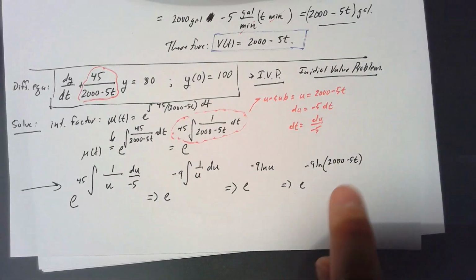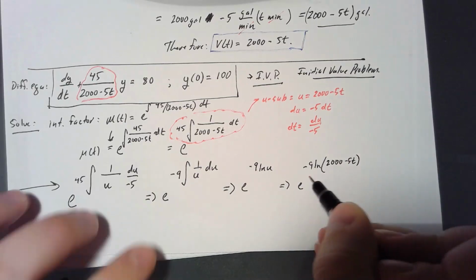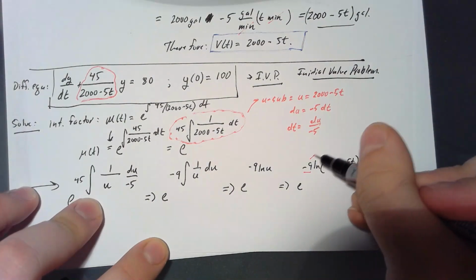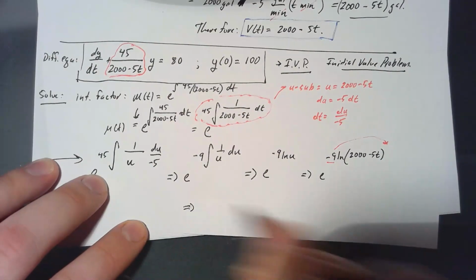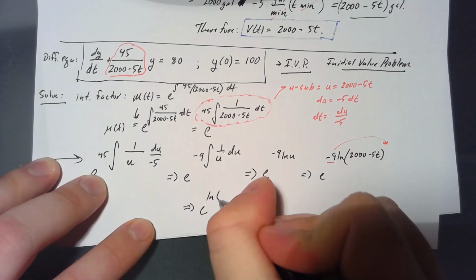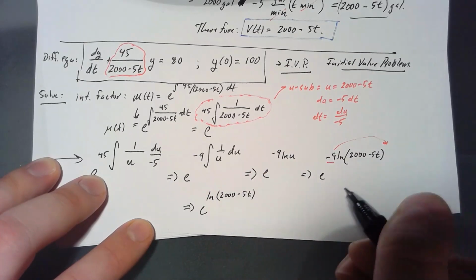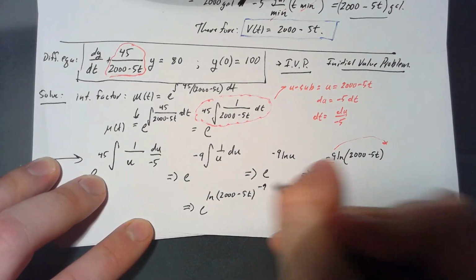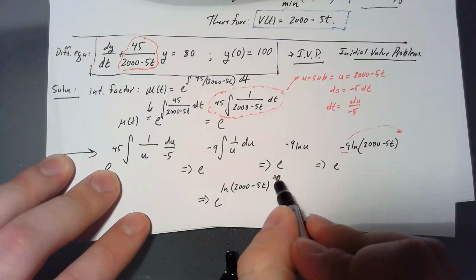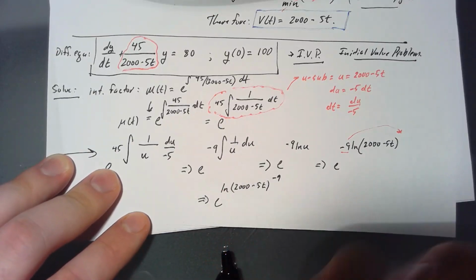I could simplify this further, can't I? Yes, I could use properties of logarithms. So I could bring this -9 up here and rewrite this as e to the ln of 2000 minus 5t to the -9th power. Using properties of logs, e and ln cancel out.